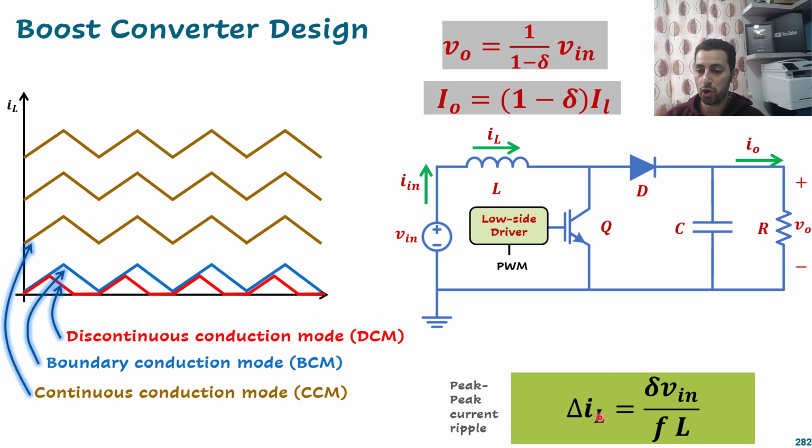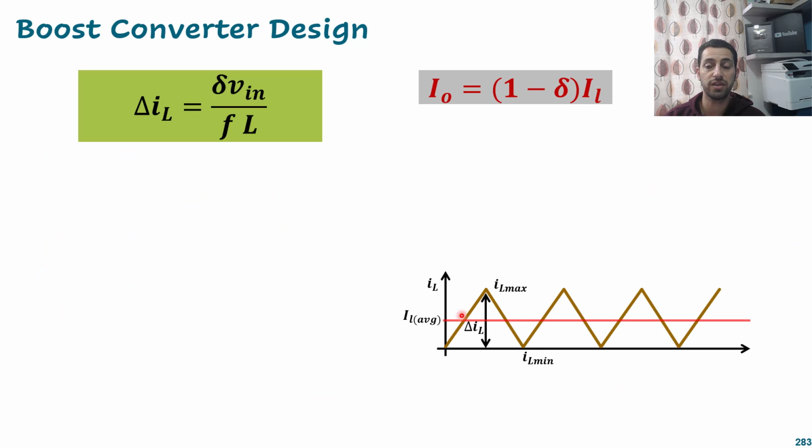Again, we have to go back to our equation, which is the delta IL equation, and we start thinking of the case where we have the boundary condition. At the boundary condition before the discontinuous conduction mode, while we are still in the continuous mode, we have that ripple, okay? The minimum value of it will just equal zero.